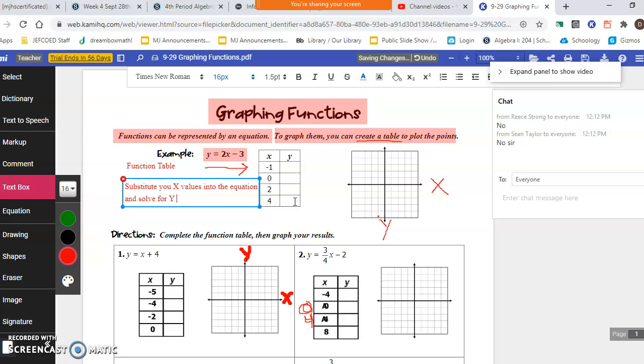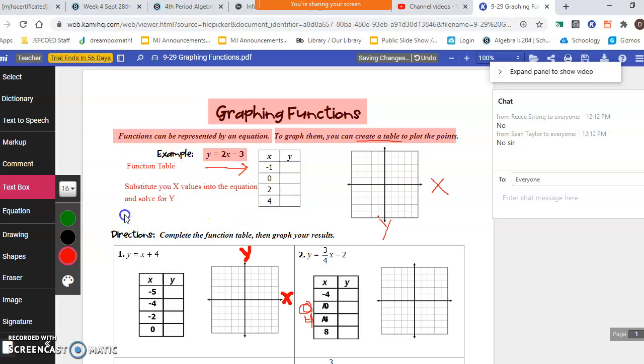So to find your y values, you're going to have to substitute x into the equation and solve for y just like you would solving a regular equation, okay?